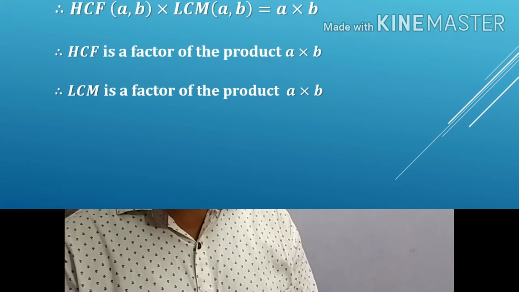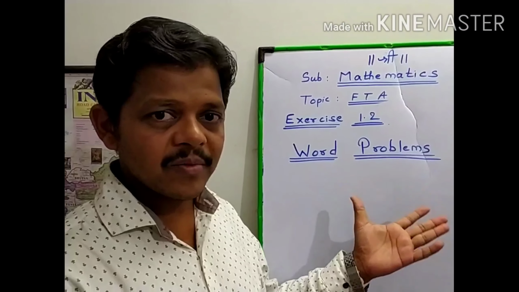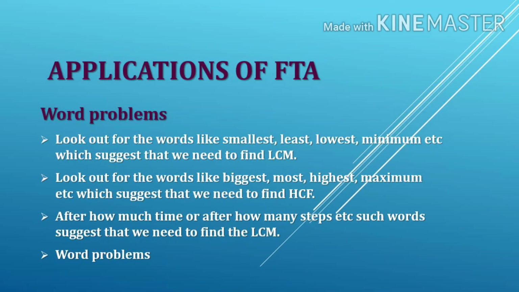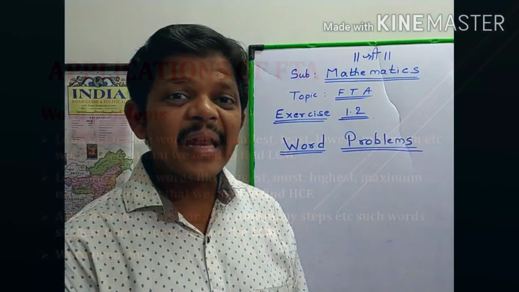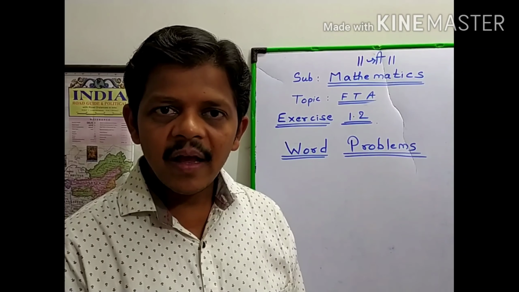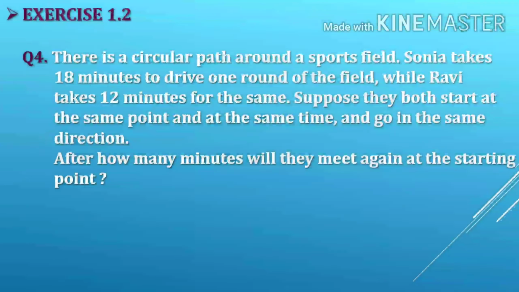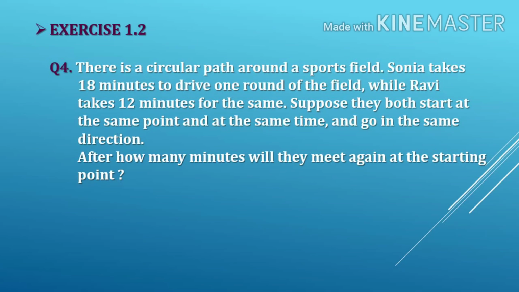And the last application we know is always the word problems. Now see children, as we had discussed while finding HCF, words like biggest, highest, most, maximum speak about the HCF. Similarly, words like least, lowest, smallest, minimum speak about the LCM, and in that case we'll be finding the least common multiple. Correct? Right now you can see the question from our exercise. Sonia takes 18 minutes to complete a round and Ravi takes 12 minutes to complete a round once around the circular park.